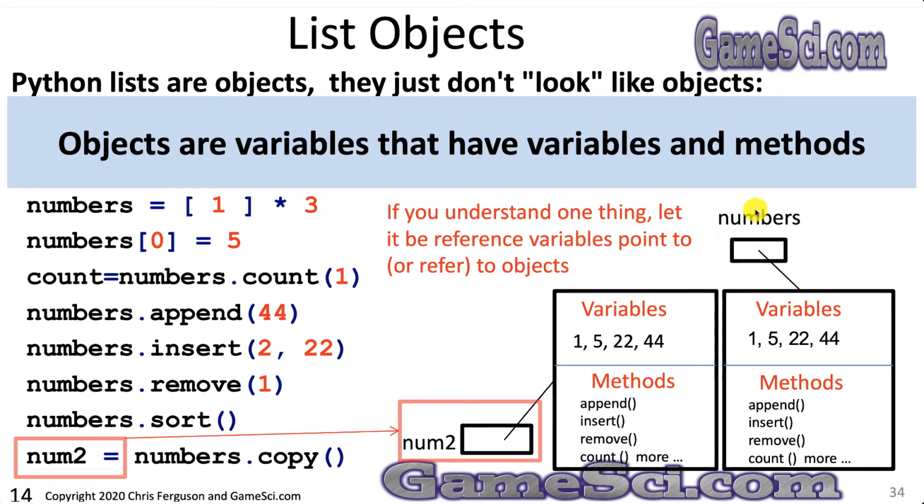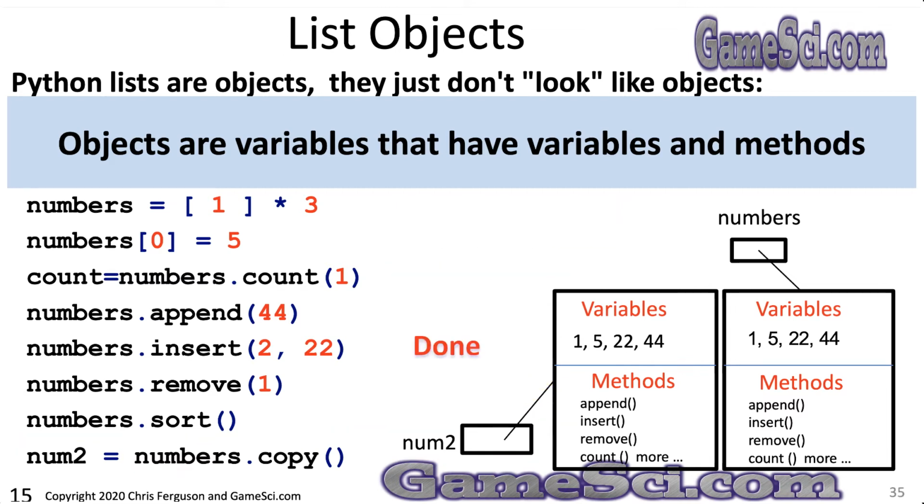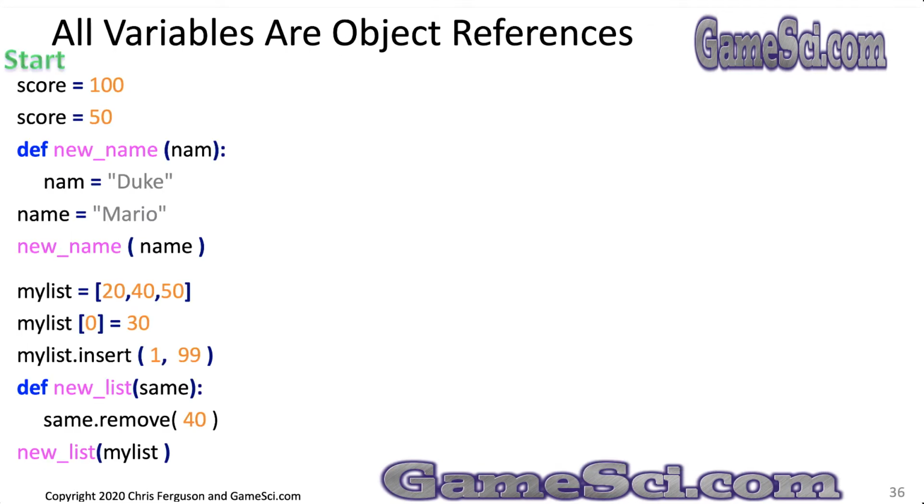There are two reference variables here: numbers, which points to the original object, and num2, which refers to or points to the copy of the object. That wraps up this slide. We have now studied in depth this string object and the list object. Let's move on.